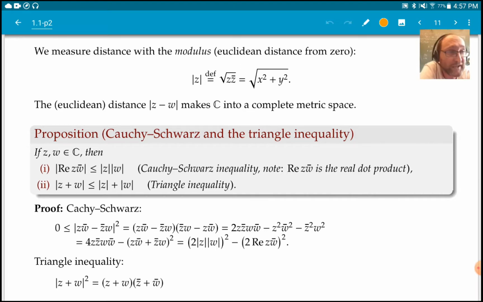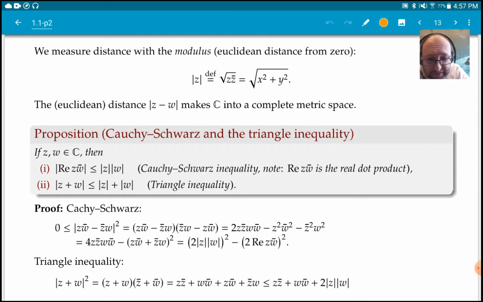For the triangle inequality, it's the same idea, sort of. I'm going to apply Cauchy-Schwarz. Again, we do it with the squares, because it's easier with the squares. So z plus w, start on the left-hand side, and write it in terms of the bars. We expand this, and this is where we apply Cauchy-Schwarz.